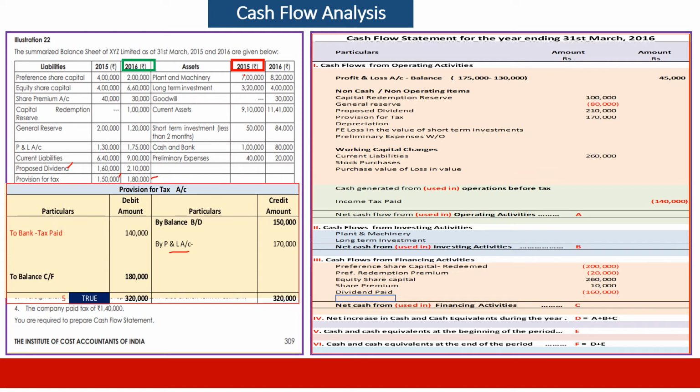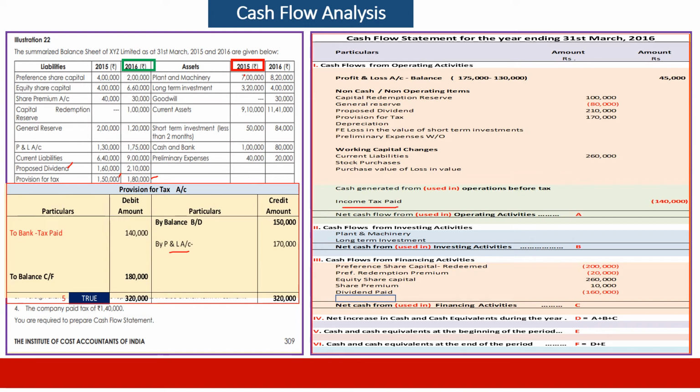Whatever is actually debited is a provision which we are going to reverse. As per the guidelines, we show income tax paid under operating activities as the last item in the group.